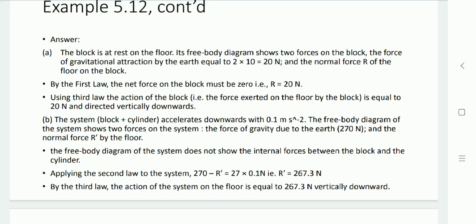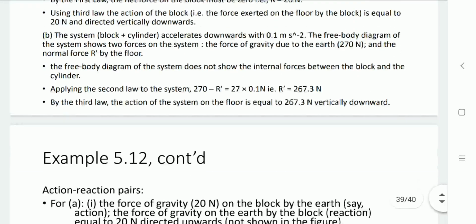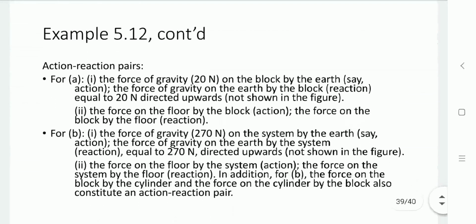The downward force is more, and that's why the system accelerates downward by its net effective force. Now if we go through its action reaction pair, for case A, the force of gravity due to the earth gives the action, and the force of gravity on the earth by the block, whatever force is applied onto the earth, defines the reaction. Both have 20 Newton in the downward and upward direction, same value, equal and opposite.